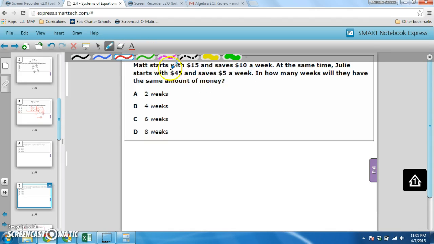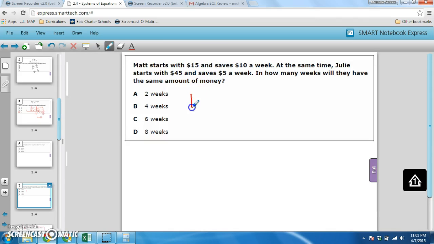Remember, anything that's like per week or something like that's going to be times your x, and then your starting point is going to be like your y-intercept. So for Matt, his equation is going to be 10x plus 15 equals, and Julie's equation is 5x plus 45 because she starts with $45 and she saves 5 per week.